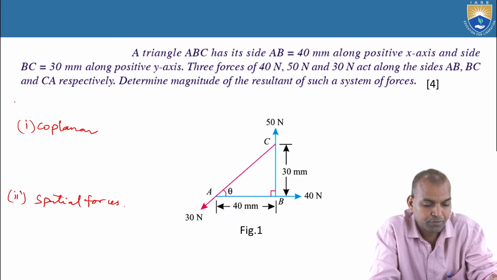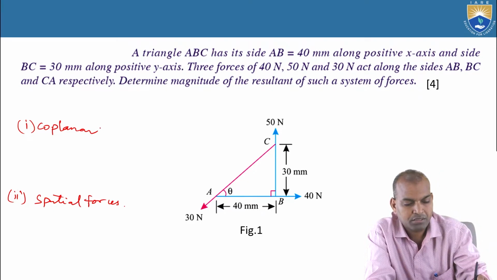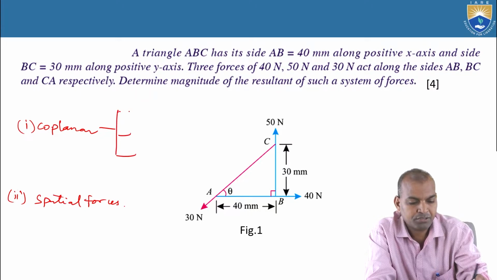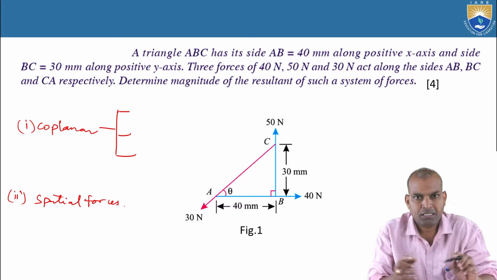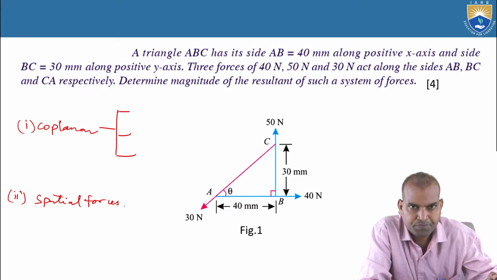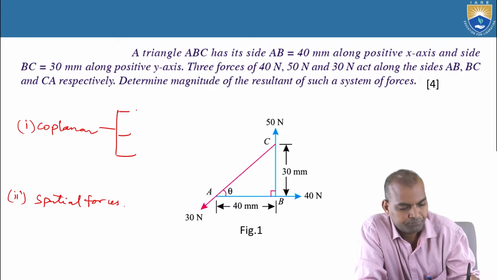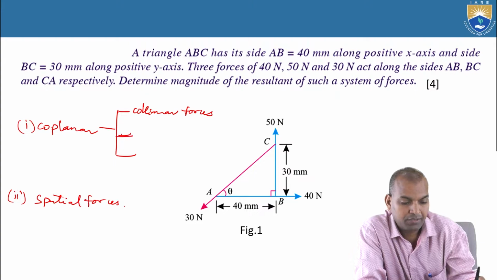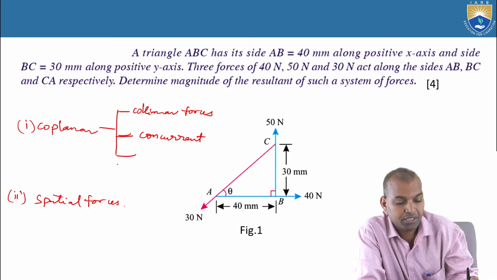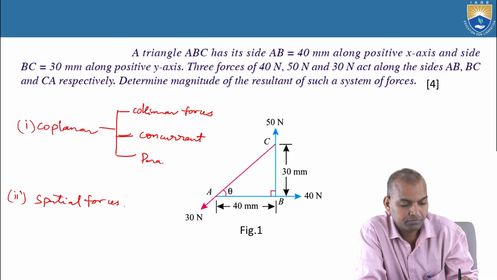In the case of coplanar forces, it is categorized into different types. Type 1 is collinear forces, the second one is concurrent forces, and the third one is parallel forces.